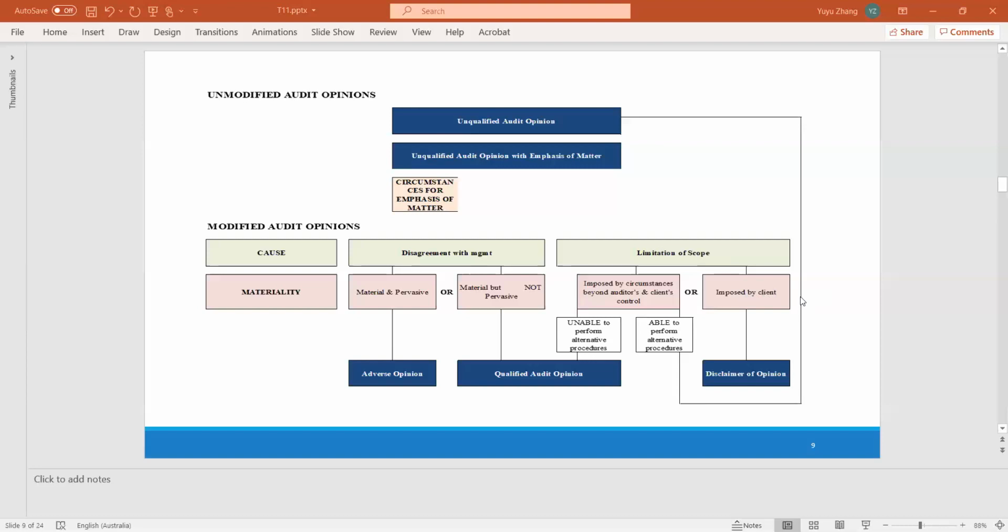That actually means the client or the directors impose restriction for auditors to get access to the information from this company. So in that situation, auditors would usually rate the situation more seriously, more materially. So they tend to make a more serious audit opinion, tend to be disclaimer of opinion.